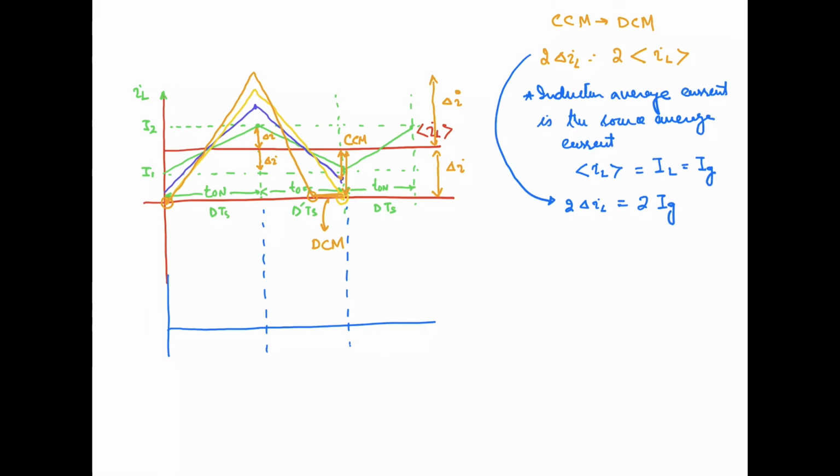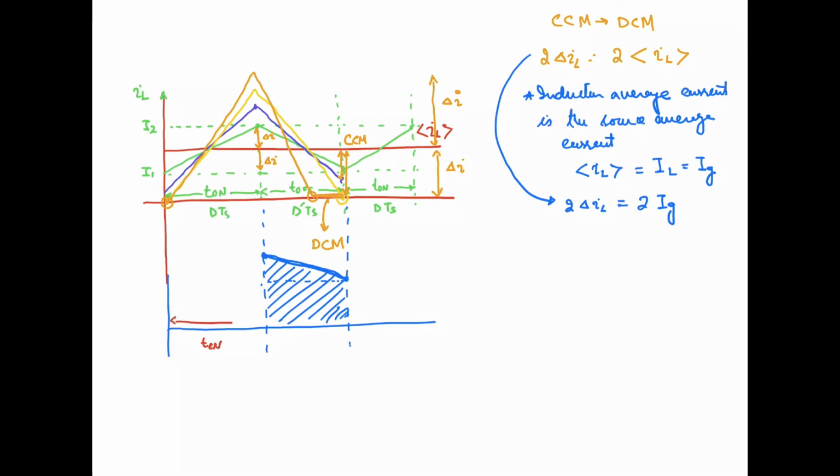Now if I want to look at the contribution of the supply current towards the output, I can say the supply is only contributing towards the output in the second mode of operation, when the current through the inductor or the source is this one, right? So this is either the inductor current or the source current. So only this portion is there at the output from your source. So what is the average current at the load in terms of the input current? Only this portion is there, not for the time t on.